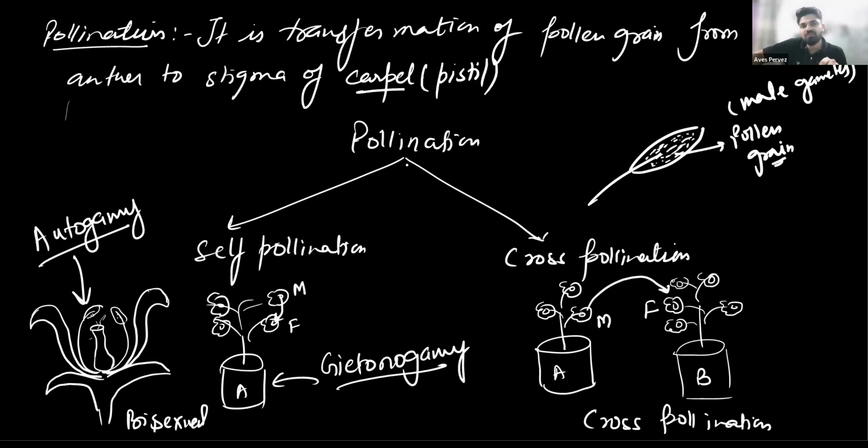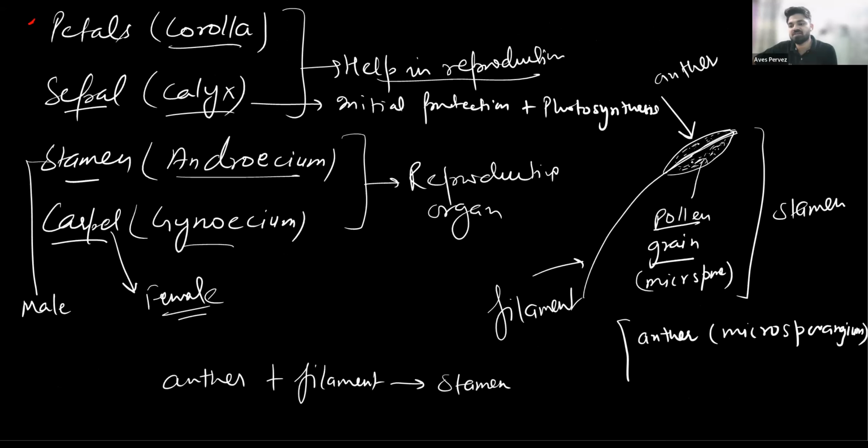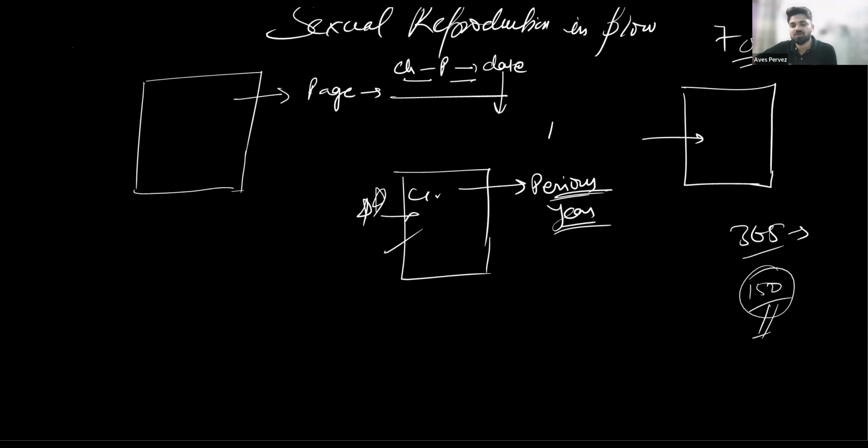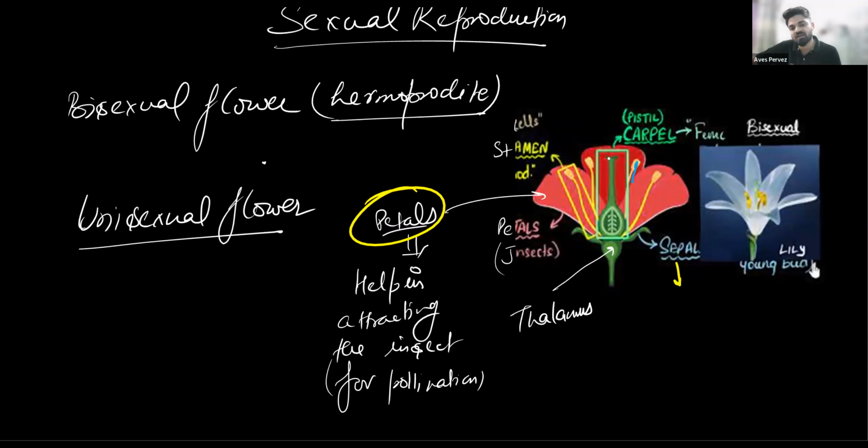Self-pollination occurs in a flower which is bisexual. A bisexual flower means male and female reproductive organs are present on the same flower. Let me show you, this is a bisexual flower. Here is the female reproductive organ, and this is the male reproductive organ, the anther plus filament, that is the stamen.